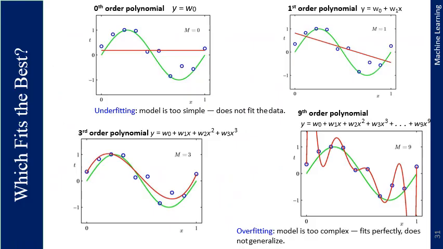For example, we have the same data and we can use different polynomial models to capture the model details. If you examine the first case, we have a 0th order polynomial, that is, our model is equal to only the bias term, which is constant throughout the example.